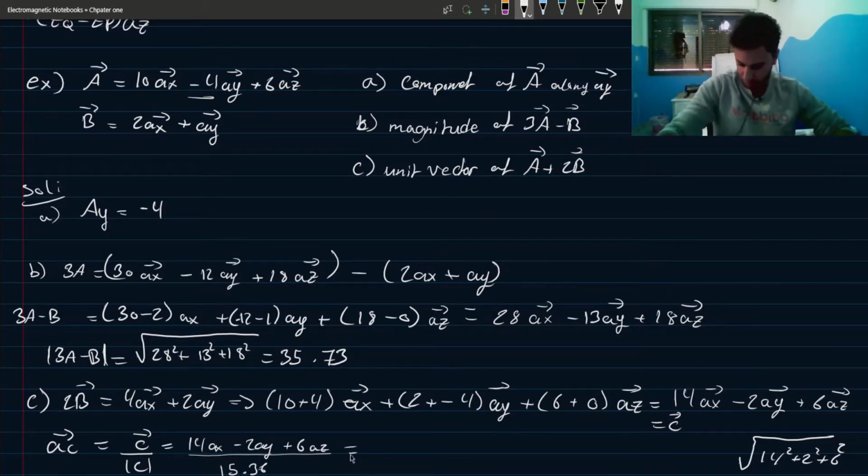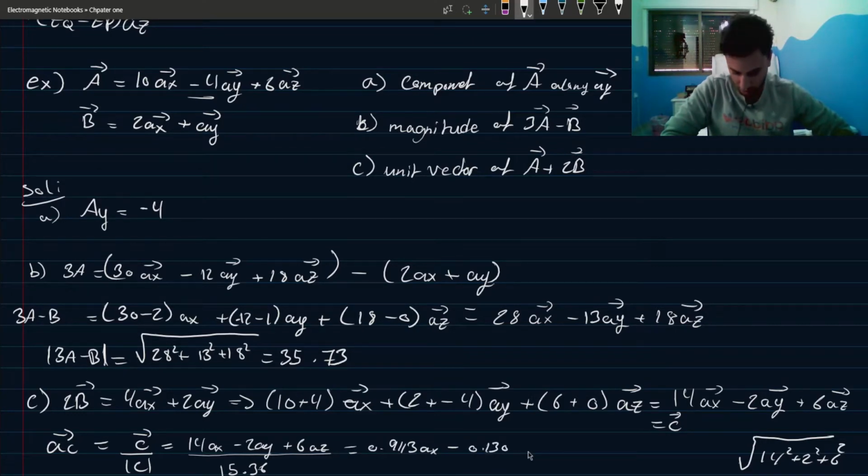And this will give us 0.9113 AX minus 0.1302 AY plus 0.3906 AZ.